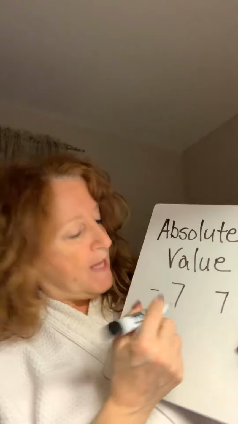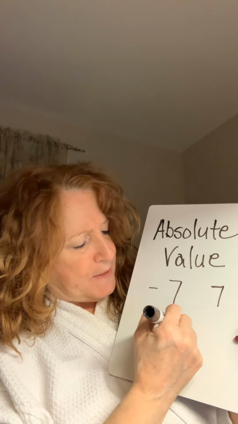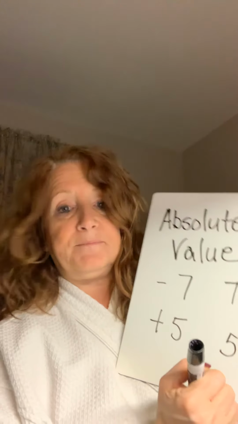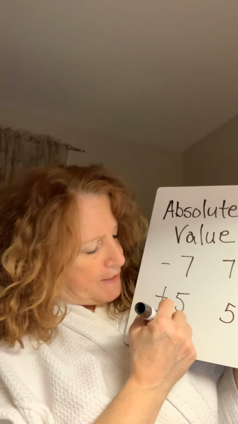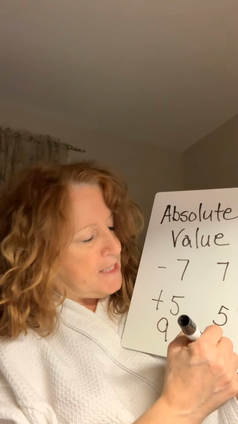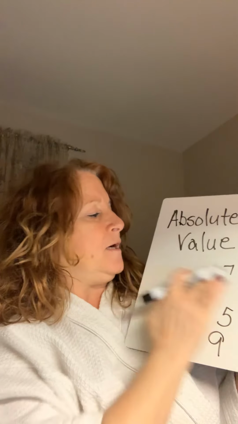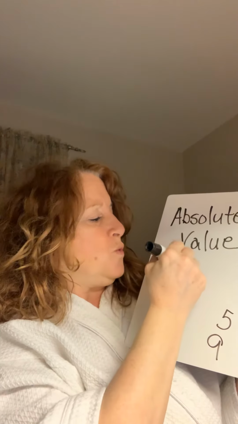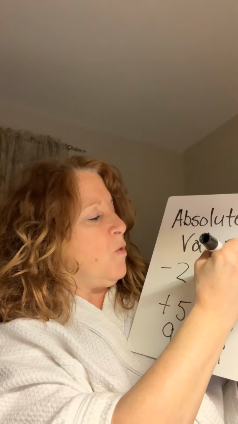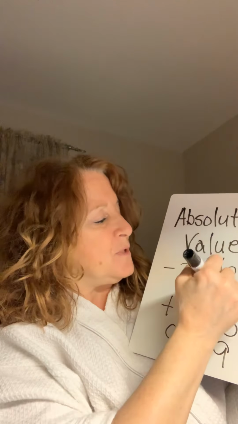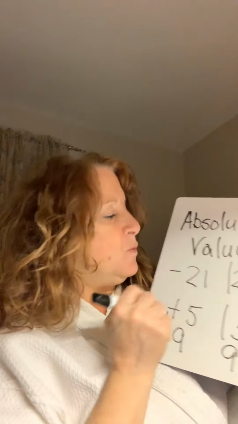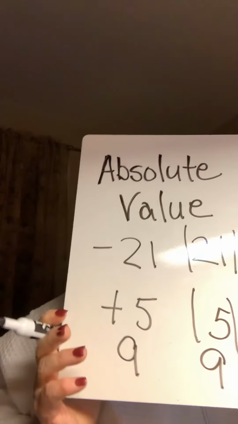The absolute value of +5 is +5. The absolute value of 9 is 9. The absolute value of -21 is 21. And the absolute value sign looks like that if you want to use it. But you know what? For today, we don't have to.